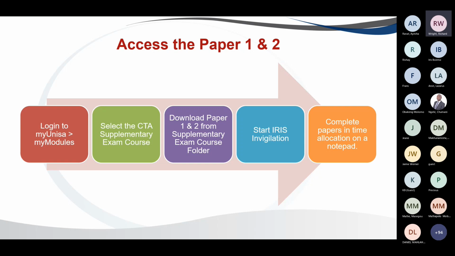What you first need to do is log into My UNISA, click on My Modules, select the course that's been created for the supplementary exam, and from there download your question papers. Once you download the question papers, the IRIS proctoring will start and run for the full duration while you are writing your examination.